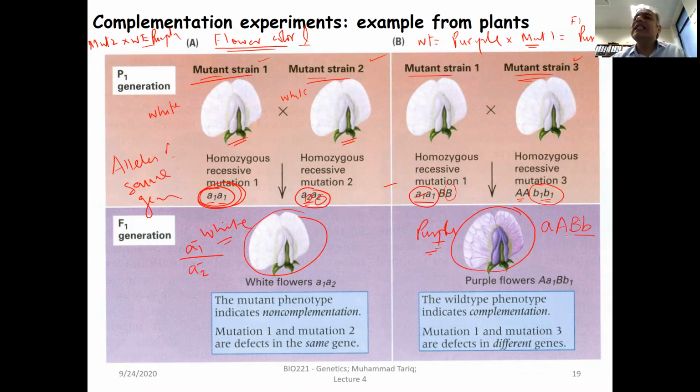So since the white phenotype is only possible when A is homozygous recessive or B is homozygous recessive, since it's purple, the phenotype is not white because we have heterozygous. So now mutant 3 and mutant 1 are complementing each other. Complementation is taking place. And this heterozygous is giving you purple. Is it clear now?